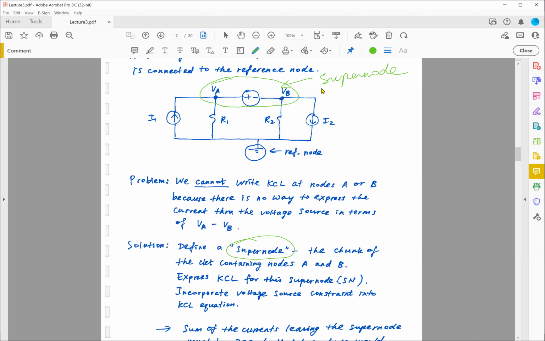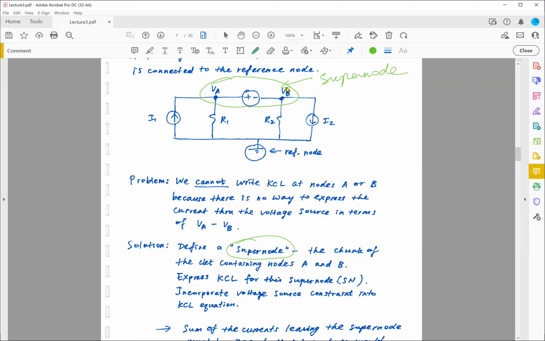One equation is still the KCL for the supernode, and the other is generated based on the relationship between VA and VB. So I need that additional equation relating these two nodes.